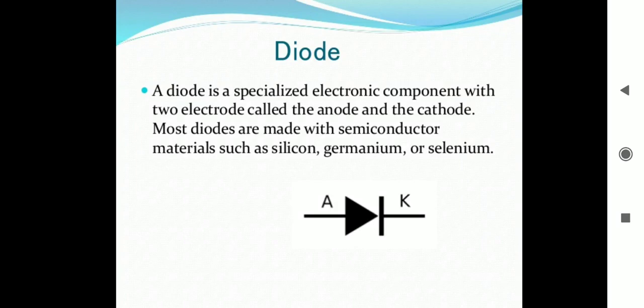Now the definition of the Zener diode: a heavily doped semiconductor diode which is designed to operate in the reverse direction is known as the Zener diode. In other words, a diode specially designed for optimizing the breakdown region is known as the Zener diode.